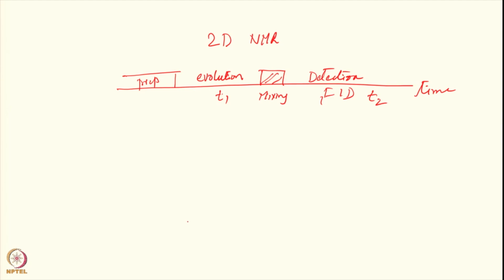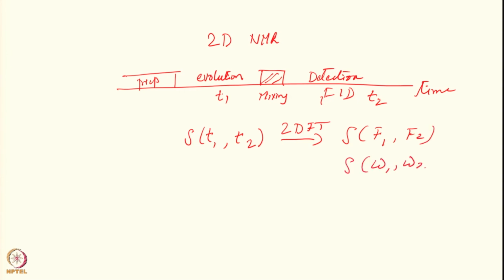Therefore, this will result in a two-dimensional data body T1, T2, and you do a two-dimensional Fourier transformation. This will generate a two-dimensional spectrum which we call F1, F2, or sometimes people use omega 1, omega 2. It does not matter, either way it is the same thing. You need a two-dimensional Fourier transformation.